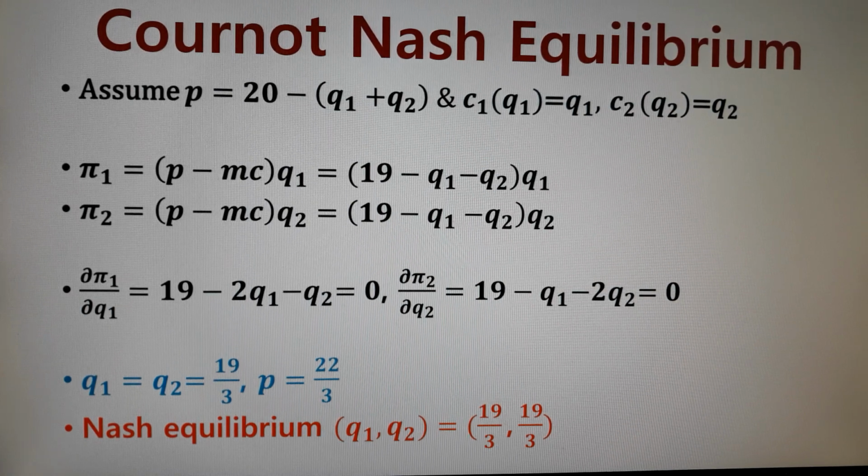This really fits the definition of Nash equilibrium, because as long as the second company chooses Q2 as 19 over 3, the first company's best strategy is 19/3. As long as the first company chooses 19/3, the second company's best strategy is 19/3.